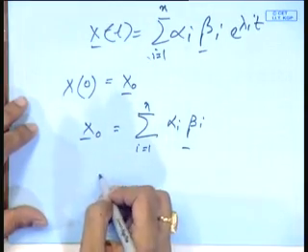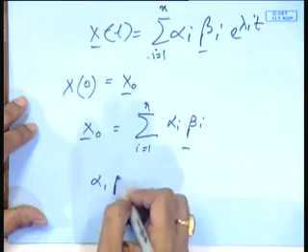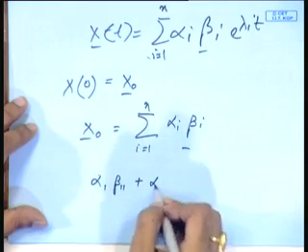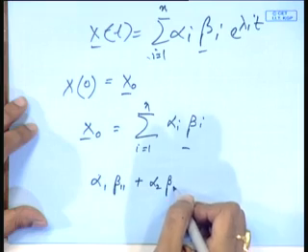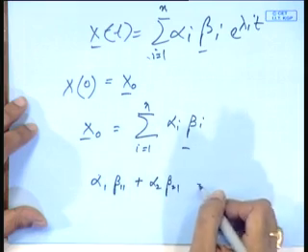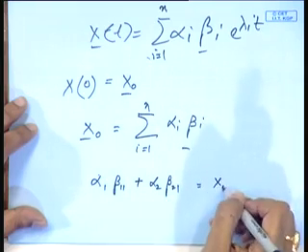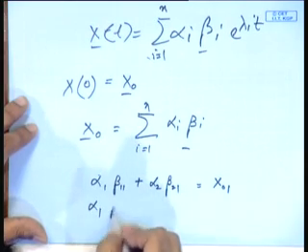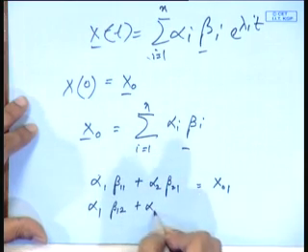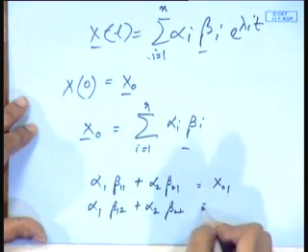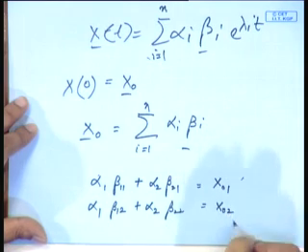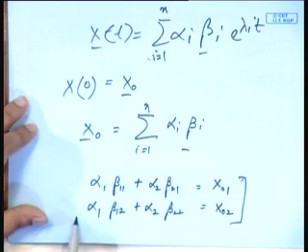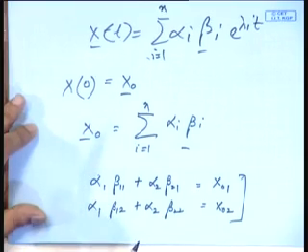Then alpha 1 times beta 1 1 plus alpha 2 times beta 2 1 should equal x naught 1, the first element. Similarly, alpha 1 times beta 1 2 plus alpha 2 times beta 2 2 should equal the second element. You have 2 unknowns, alpha 1 and alpha 2, and 2 equations. You can solve for them and get the values, fine.